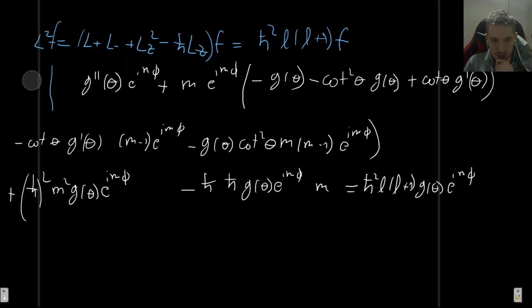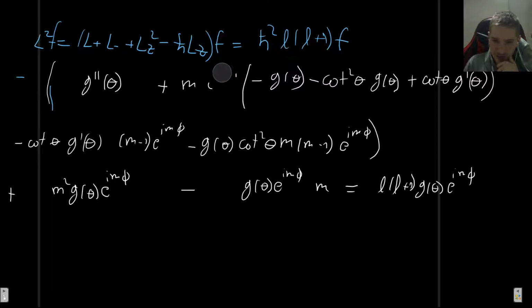So this ħ is going to cancel out with this one. Basically, we are just going to divide everything by ħ squared. There we go. And also every single term has e^{imφ}, so we can actually divide by that as well, since it's also never going to be 0, so there's no problem in doing that.